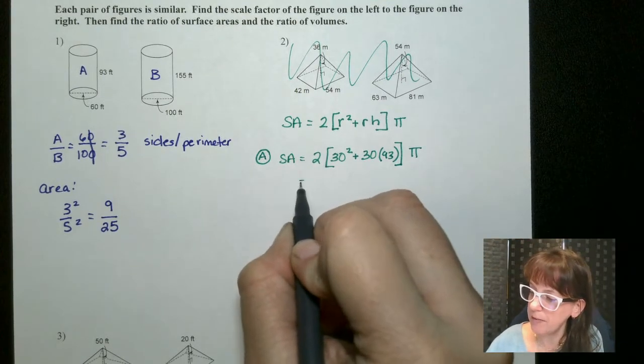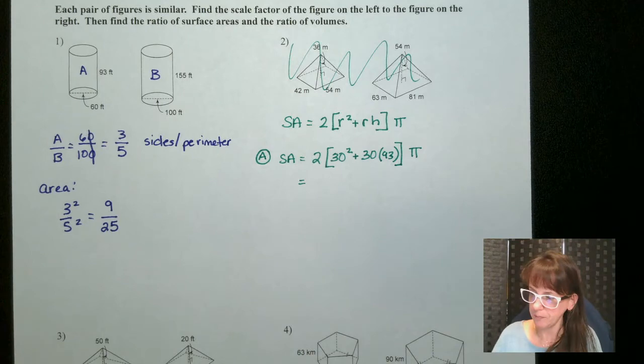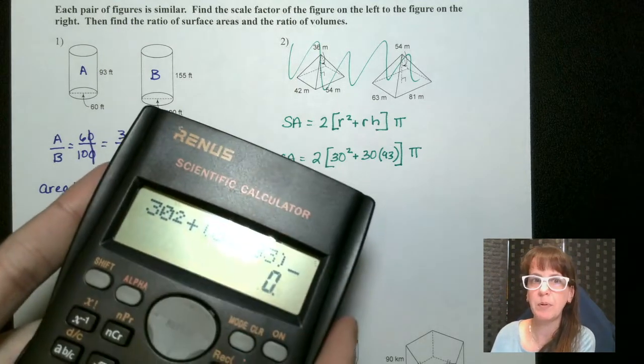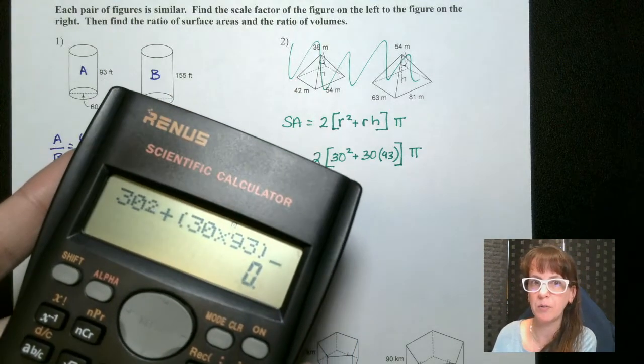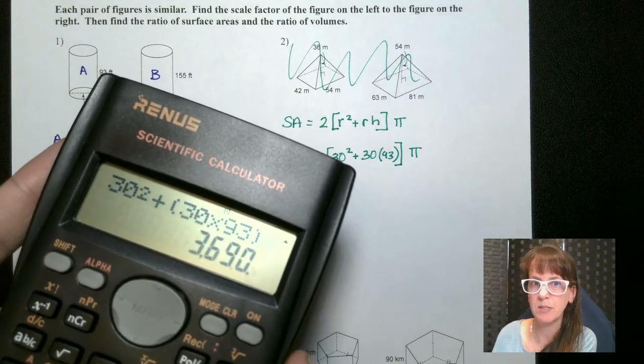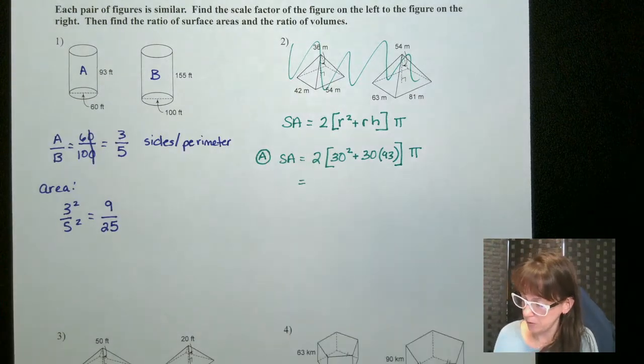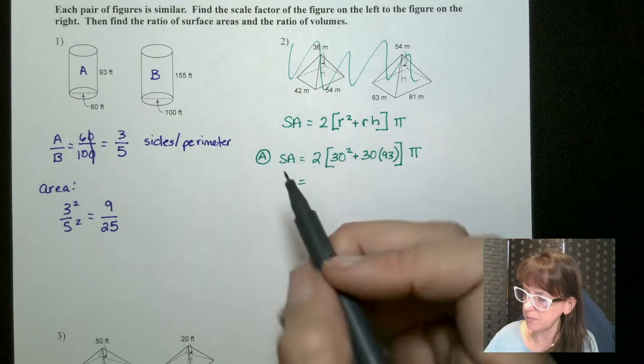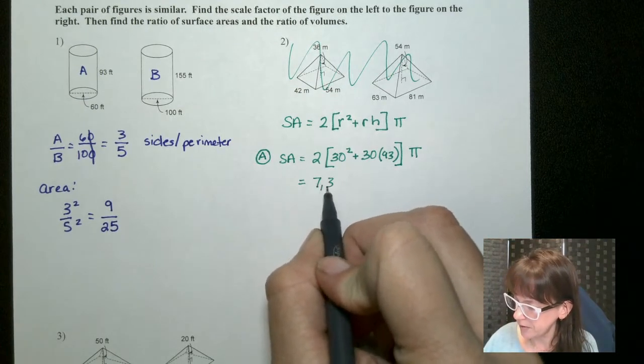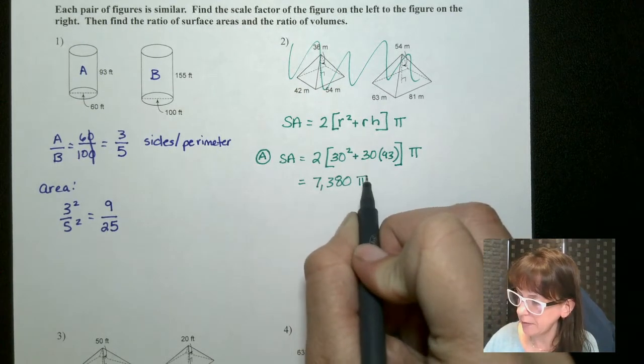So we end up with 30 squared plus 30 times 93, and notice I'm putting it into my calculator with parentheses, so I have some nice order of operations in there. Then multiply whatever that is by 2, and we end up with 7,380 pi for the first one.